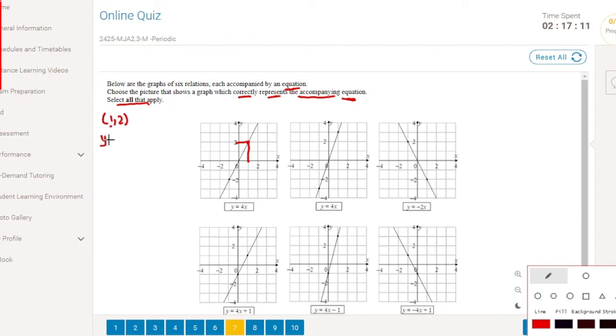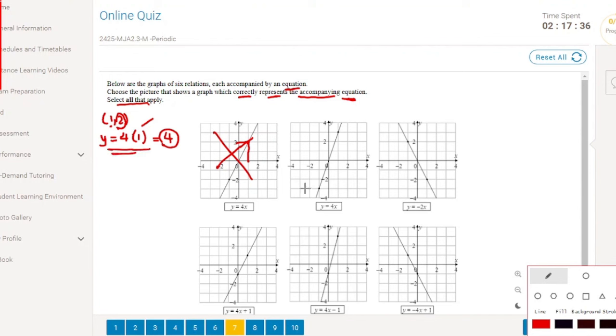So y equals 4 multiplied by 1, equal to 4. So 4 here is not matching, which is 2. So this will be a wrong answer. The 2 points have to match. If one of them is not matching, the equation will not match the graph.